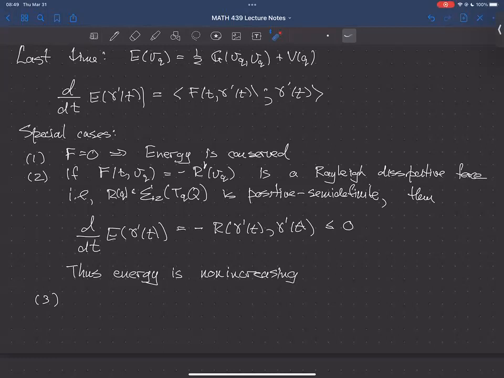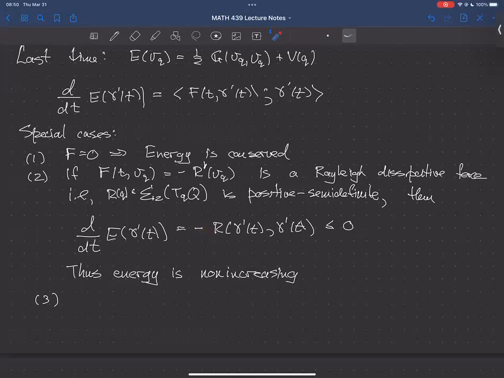In the dissipative case, R being symmetric, and positive semi-definite, but mainly symmetric, ensures that this quantity will always be positive, and so with the minus sign, the rate of change of energy will be non-positive.